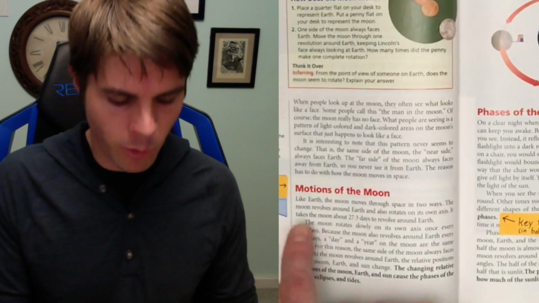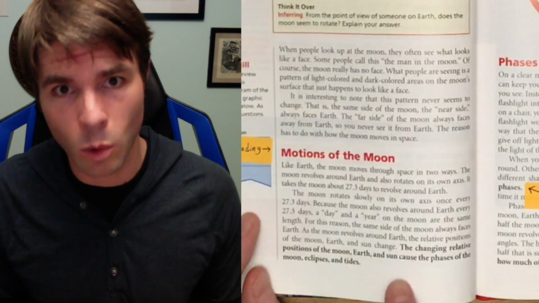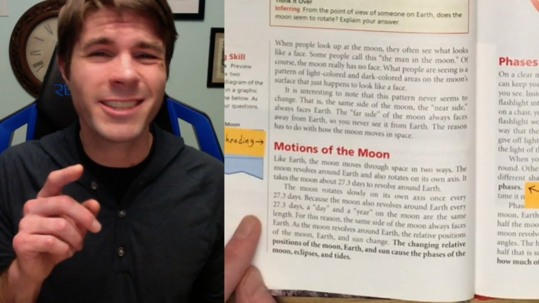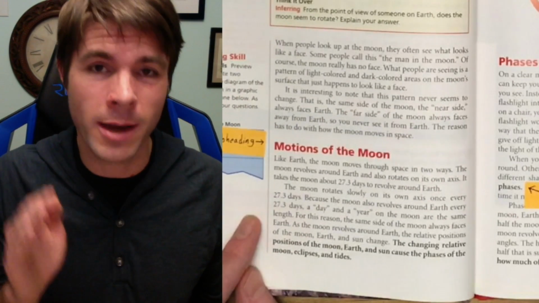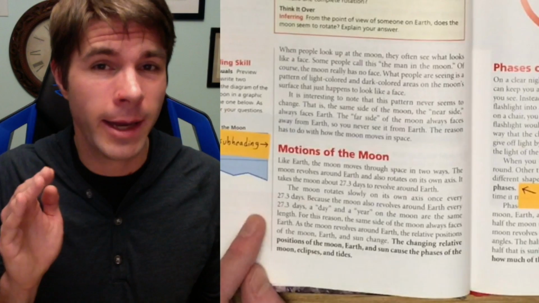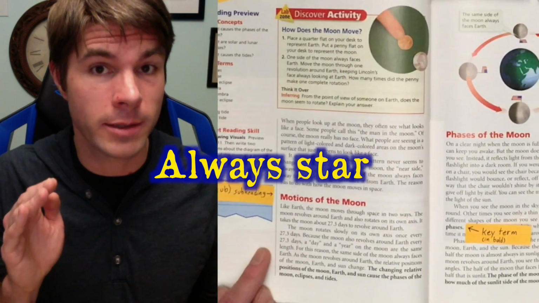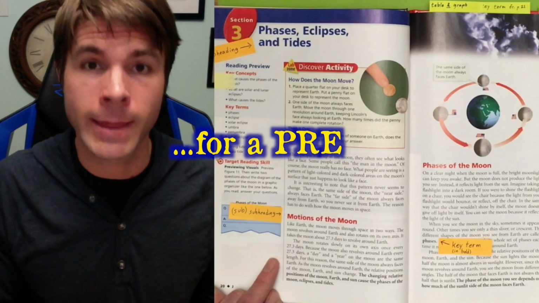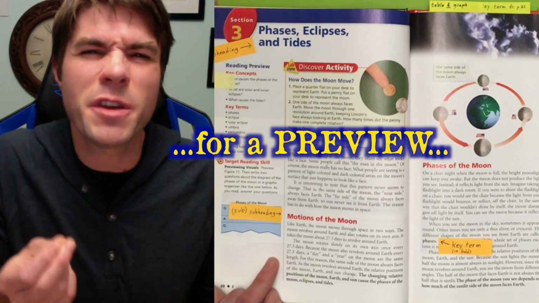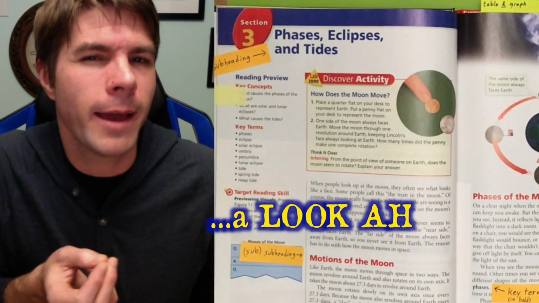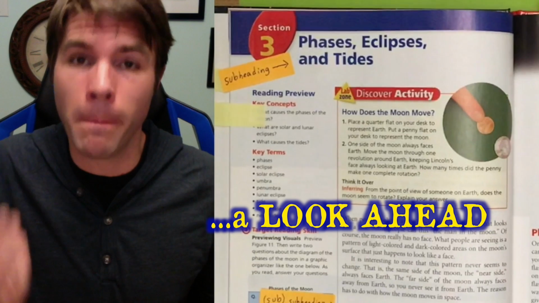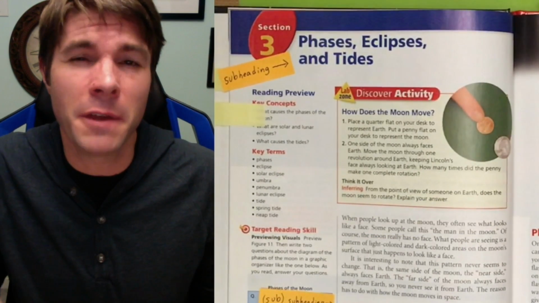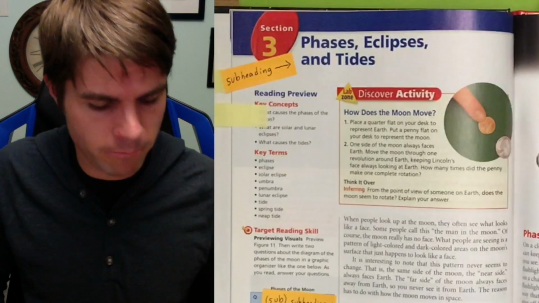Before we get into reading all of these words in these chunks of information, we're going to just go ahead and read only the headings, subheadings, and subheadings of these chunks of information. And that's going to give us sort of a preview, a look ahead at what we're going to be learning about, like a map of the topic of this chapter.